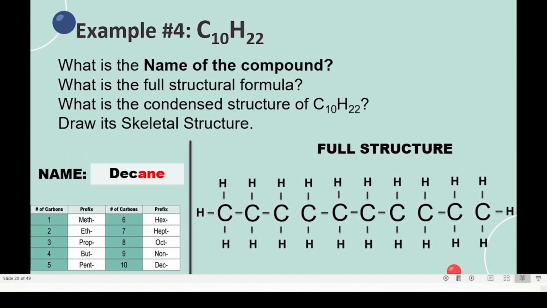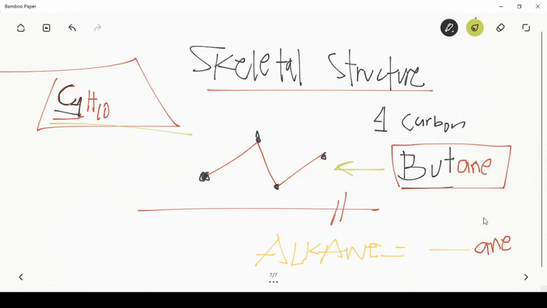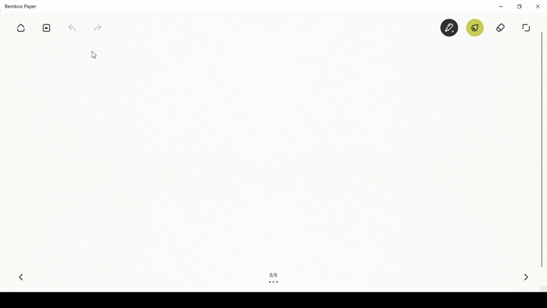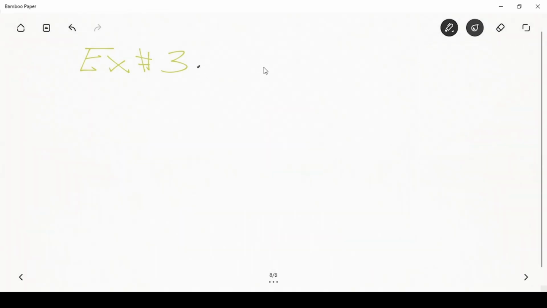Let's have an example. Okay, let's have example number 3. The teacher will give you a molecular formula of C10H22.